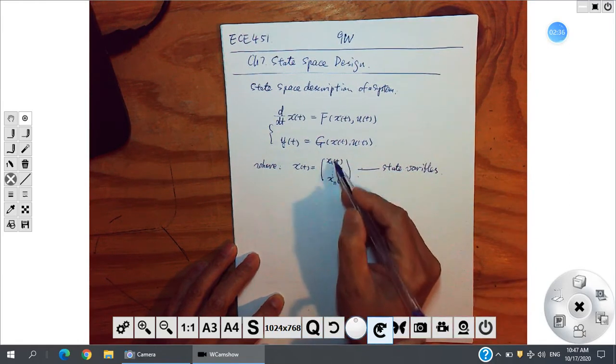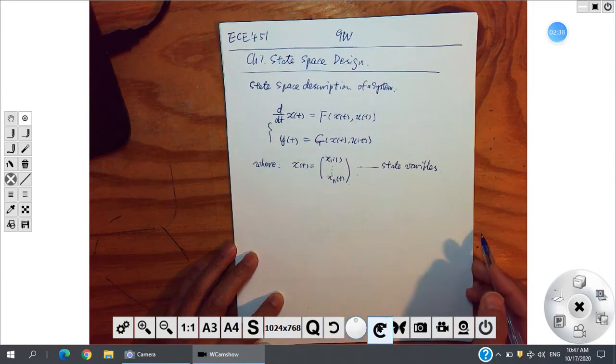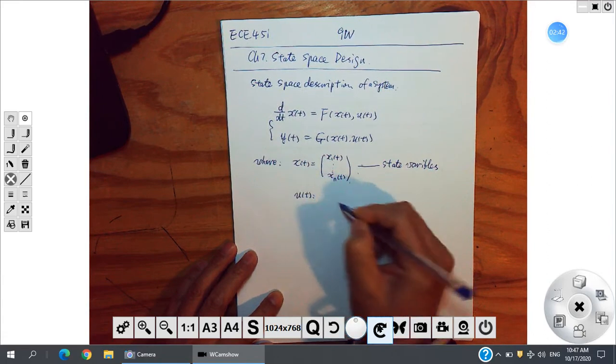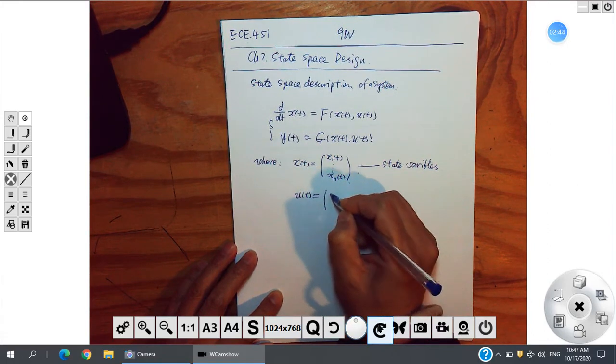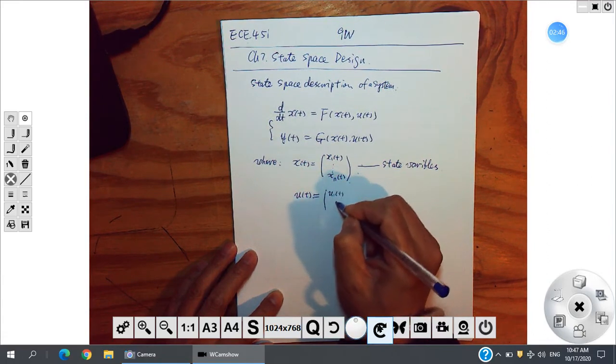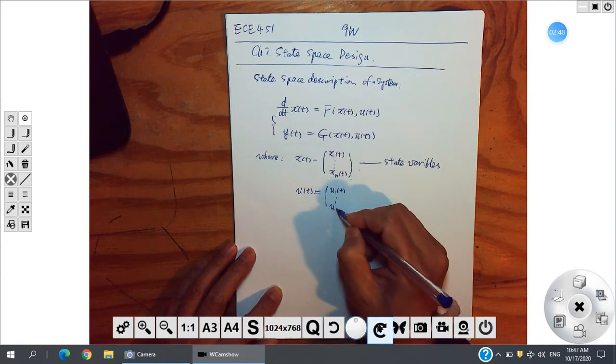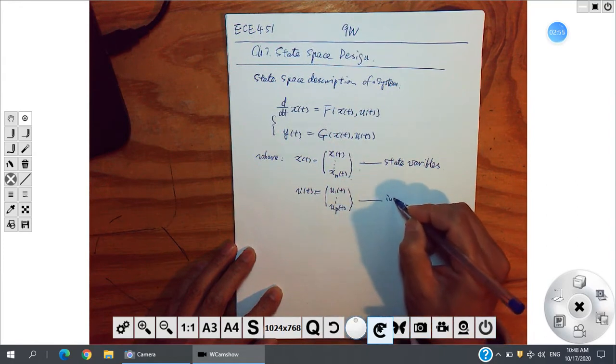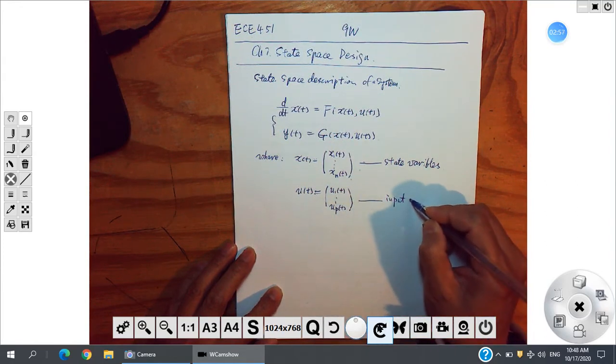We have n state variables, and u of t is also a vector, u1 of t until up of t. They are the input signals, input variables.